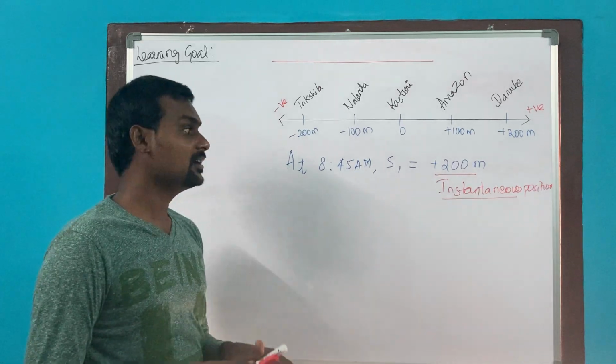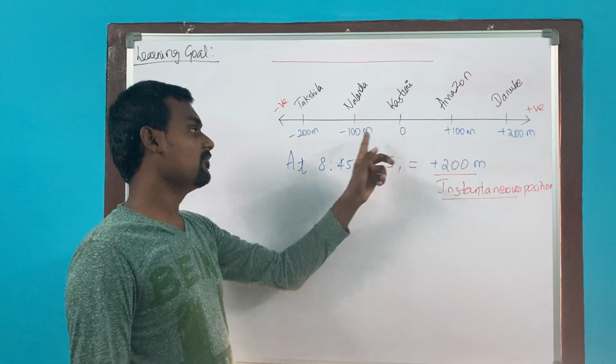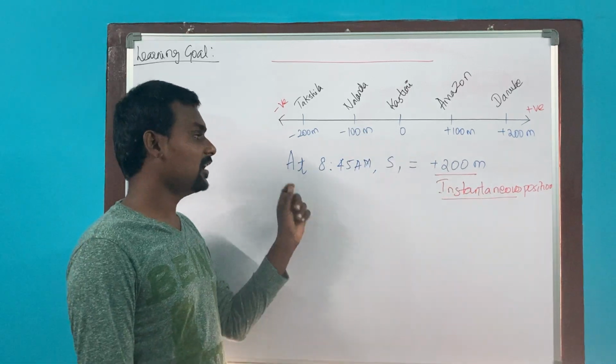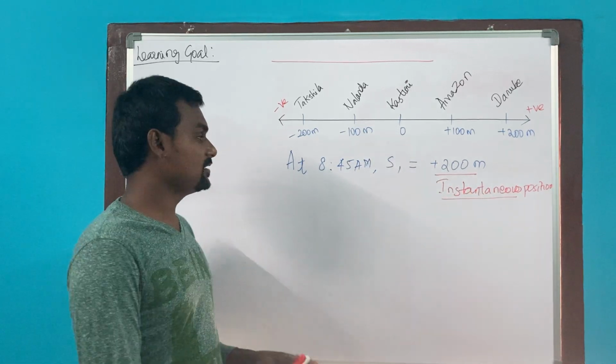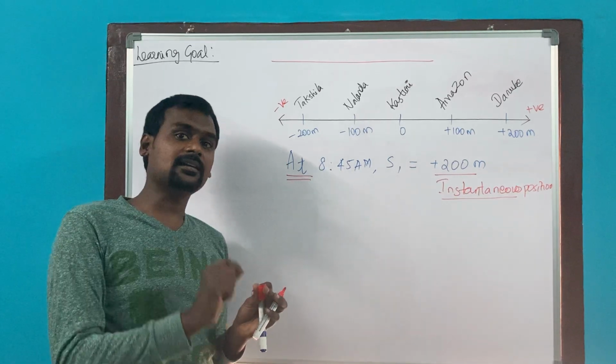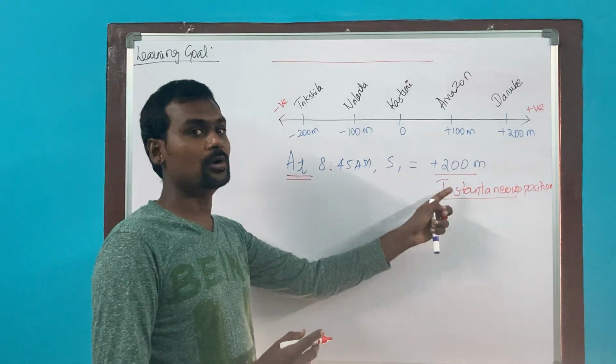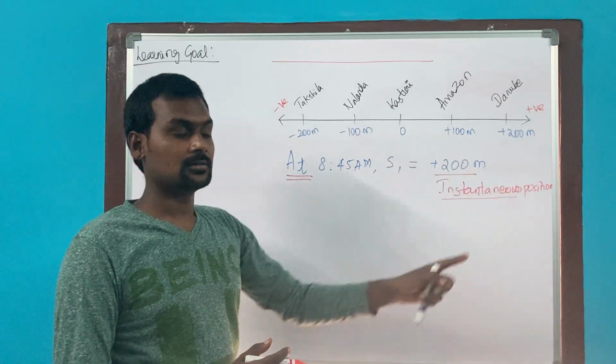Instantaneous means that she was at 200 meter mark when the time was 8:45 a.m. Please remember, I am using the word at, which means at that instant in time she was at 200 meter mark.